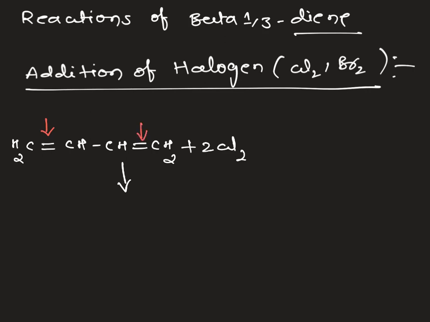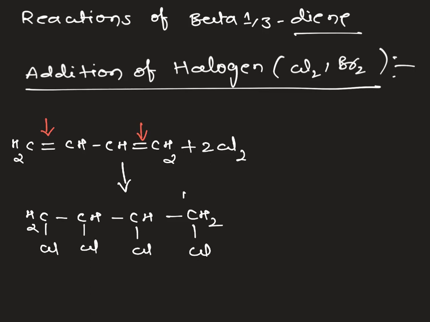As a result, we get a tetrachloro compound, CH2Cl, CHCl, CHCl and CH2Cl. It is 1, 2, 3, 4, that is 1,2,3,4-tetrachlorobutane.